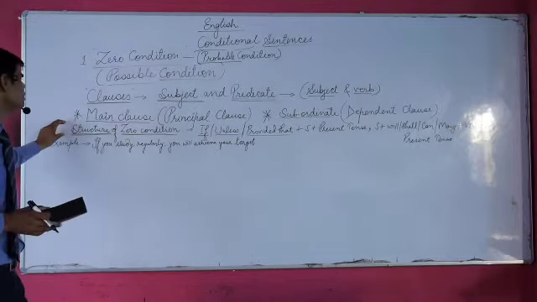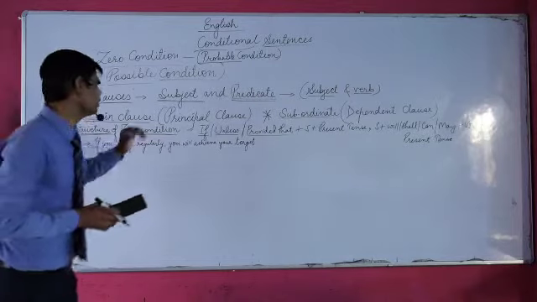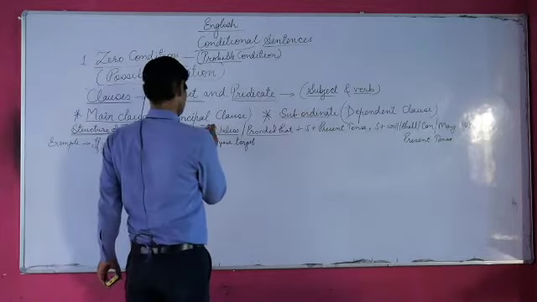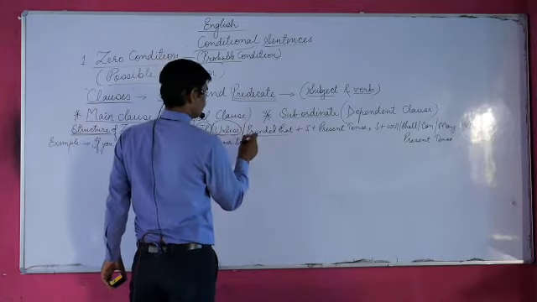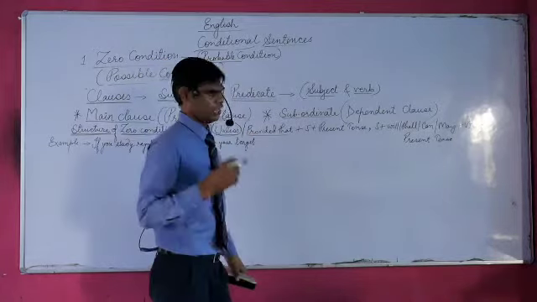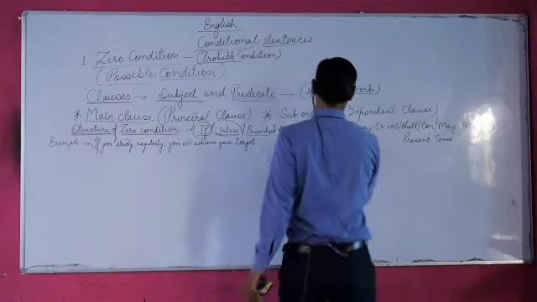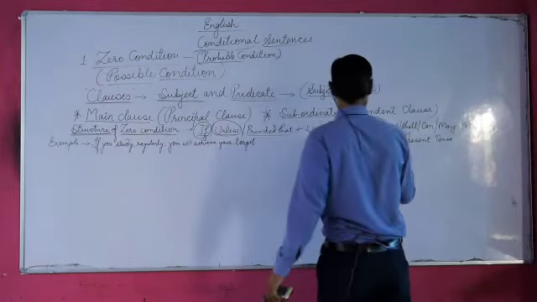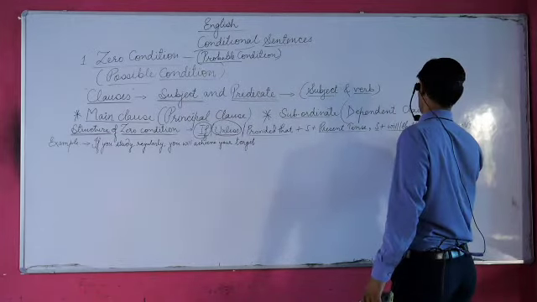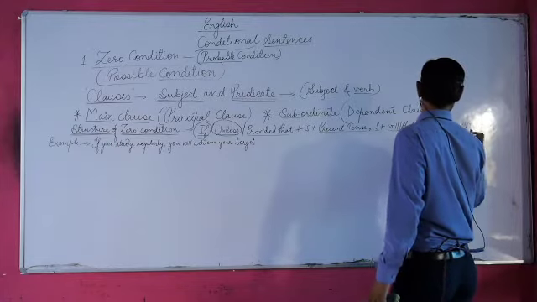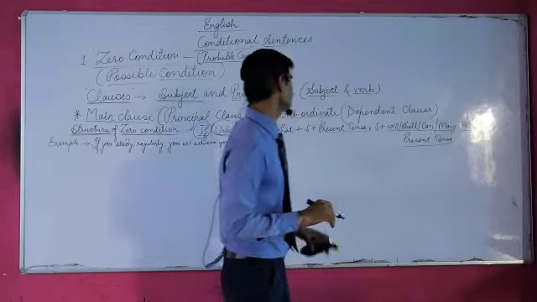Now we will see the structure of the zero condition. In the zero condition we have either if, unless, or provided that, any one of them, and then we will have subject, then present tense, and then subject, will or shall or can or may, with the first form, or else present tense. So this is the structure.